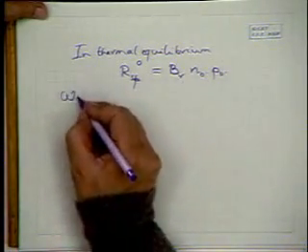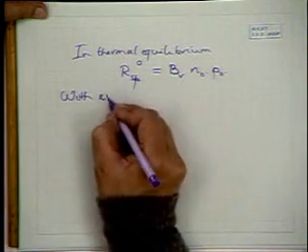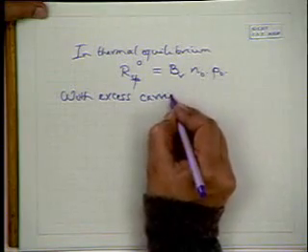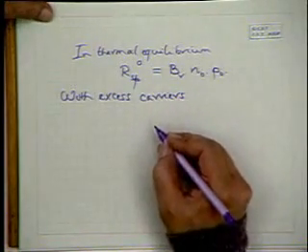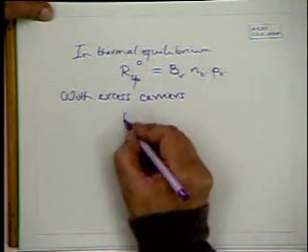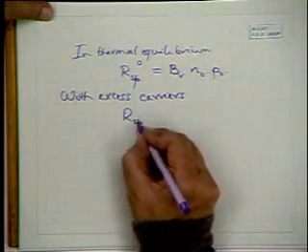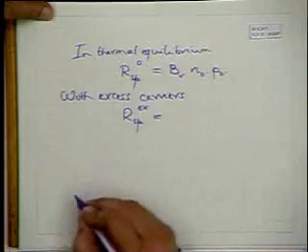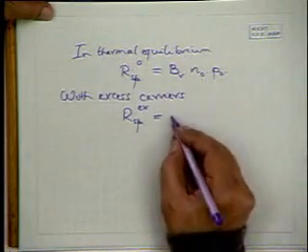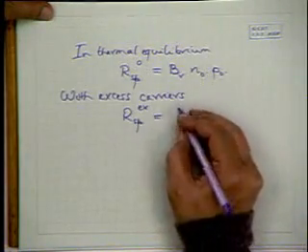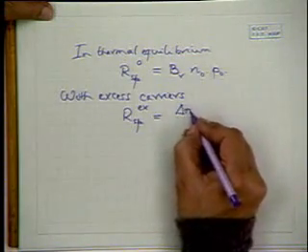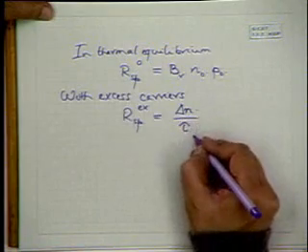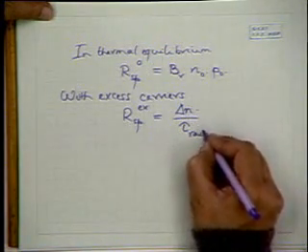With excess carriers, we can define a lifetime, which is given by R spontaneous with excess carriers equal to delta n by tau radiative.